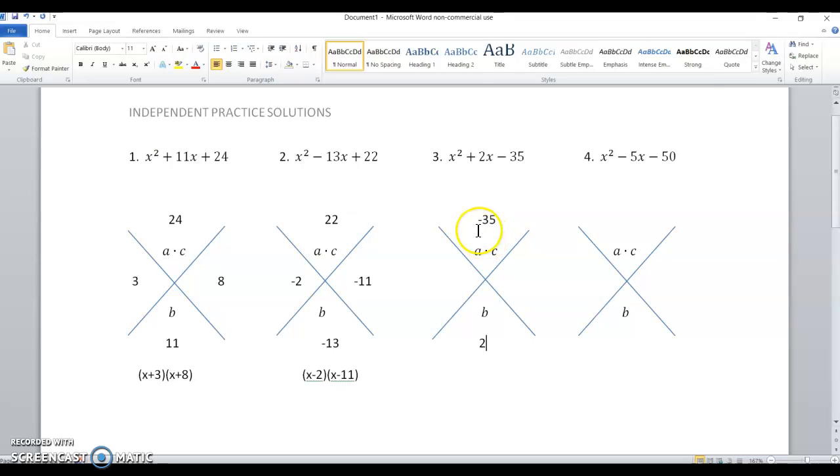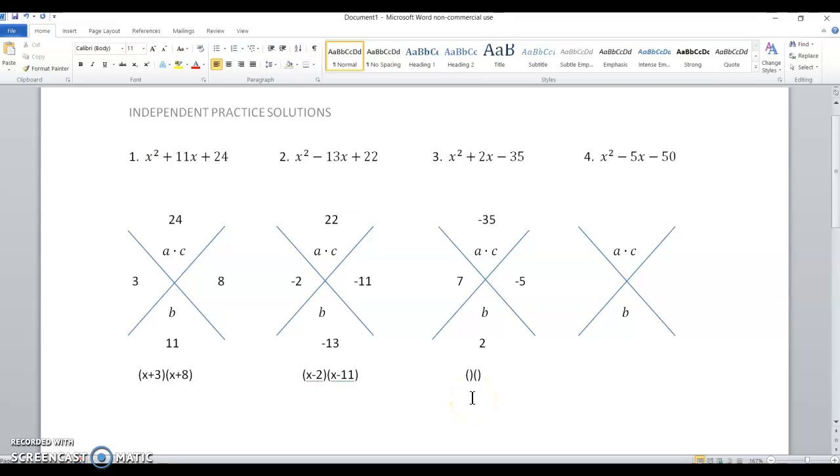So we have 35 and negative 1. Well, that's not going to work. We have 2, 3, 4, 5. So 7 and 5. Well, we said the bigger one's positive. So let's see. Positive 7, negative 5. These two numbers will add to 2. And if you multiply them, it will be negative 35. So we got our two factors.